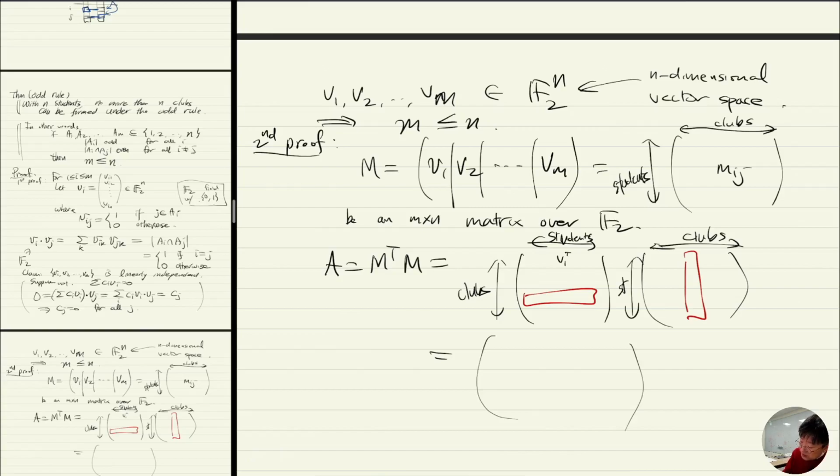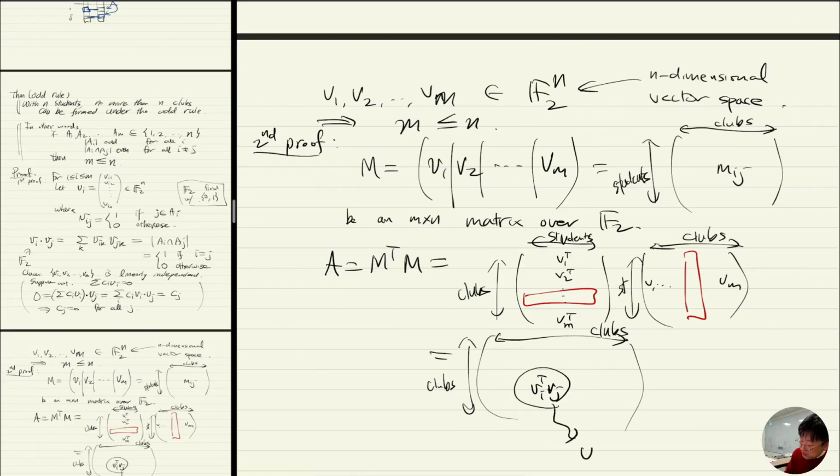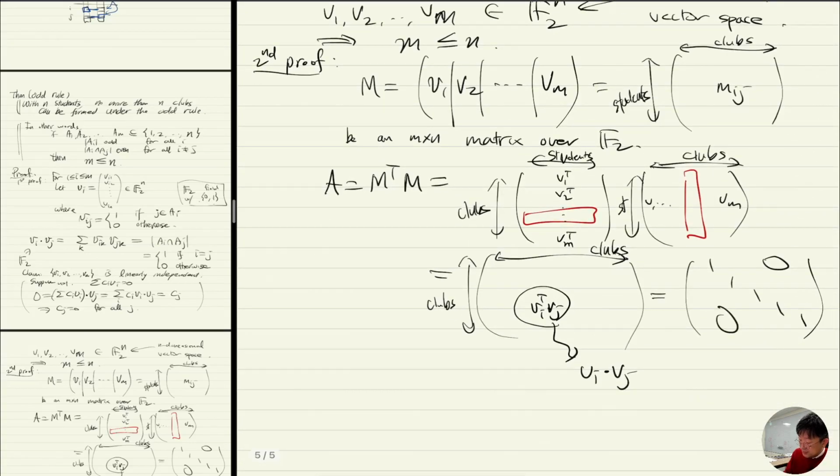These are V1 transpose, V2 transpose, and Vm transpose, and these are V1 to Vm. So each entry is going to be Vi transpose times Vj. Rows are indexed by clubs, columns are indexed by clubs. So this is nothing but Vi dot Vj, and we know that this is exactly the identity matrix. So this is the m by m identity matrix.